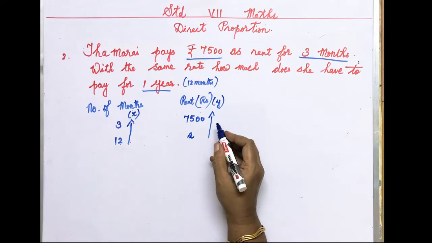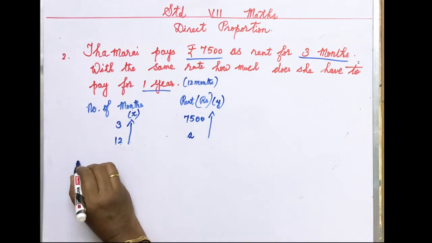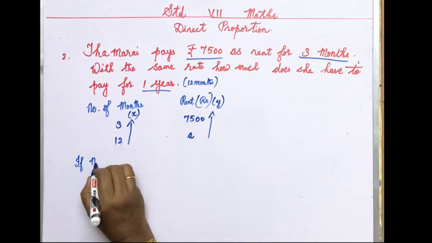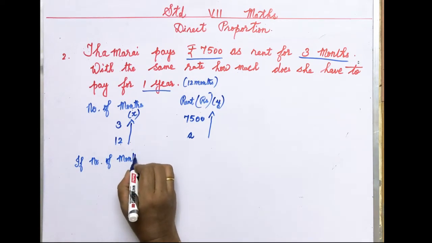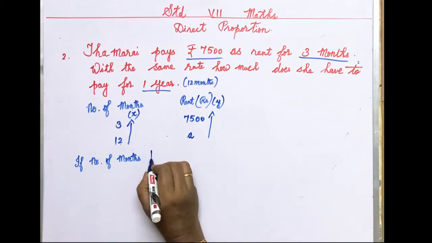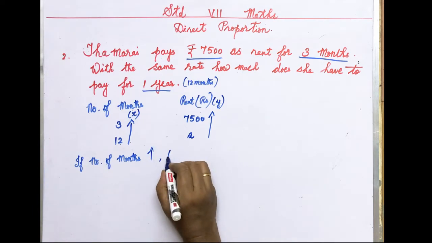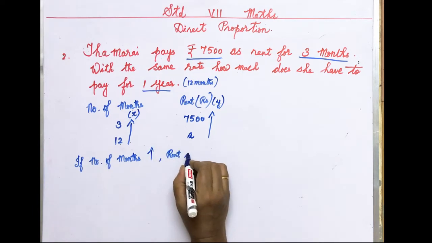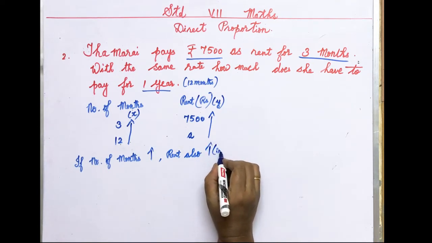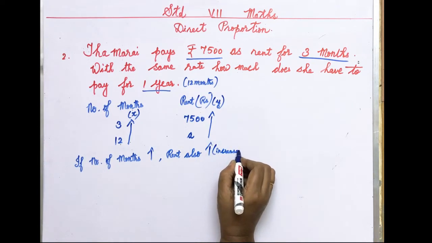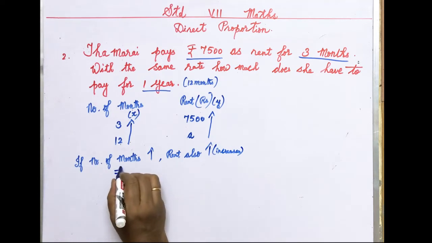So this is direct proportion. If number of months increases, up arrow, rent also increases. So this is direct proportion.